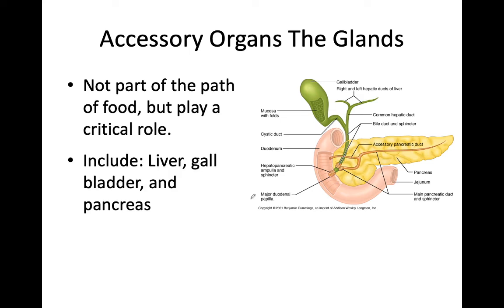These 3 accessory organs are the liver, the gallbladder, and the pancreas. These 3 don't actually come into contact with the food, but they secrete chemicals, or they store chemicals, that allow for digestion to take place within the digestive system.